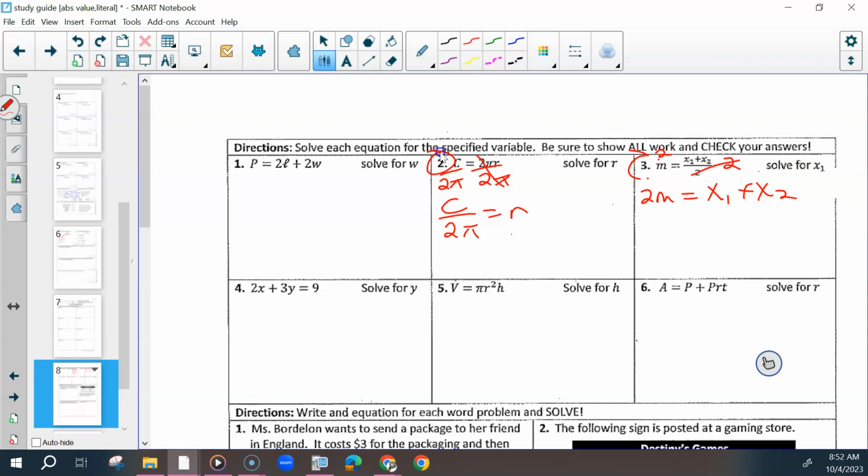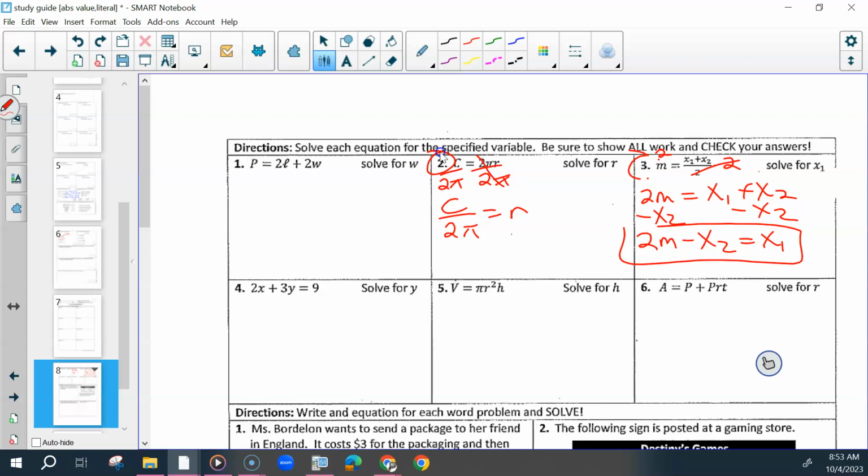And then our last step, not divide. 2m minus x2 equals x1 would be that final answer. Remember, these should not have numeric answers. There may be numbers in them, but you won't get x equals 2. You should not get that. Other questions in literal before we move on to word problems?